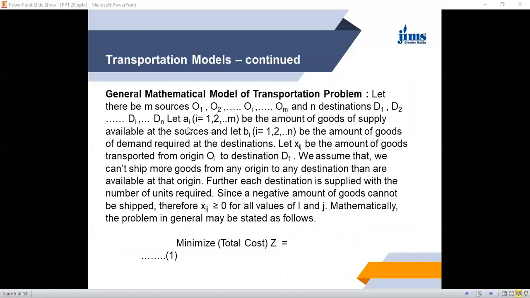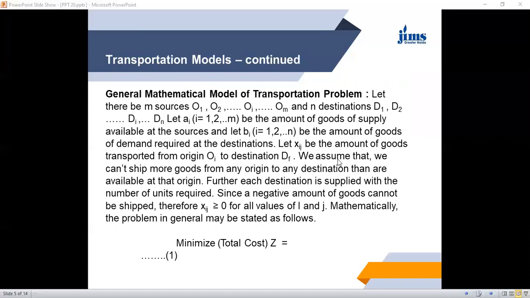Ai, i is equal to 1 to m, is the amount of goods of supply available at the sources, and Bj, j is equal to 1 to n, is the amount of goods required at the destinations.